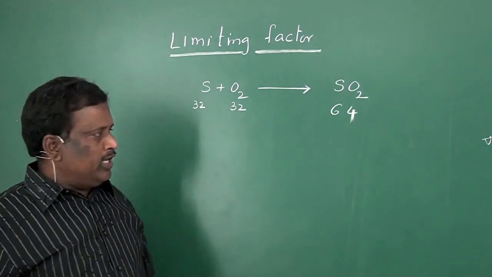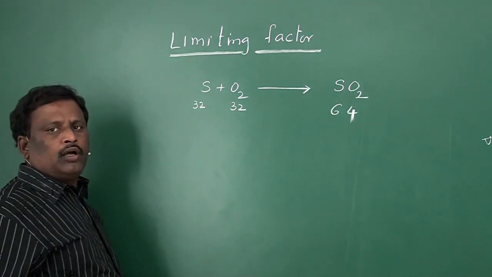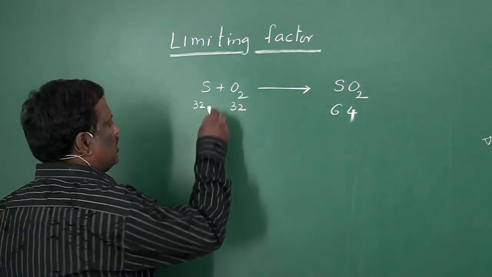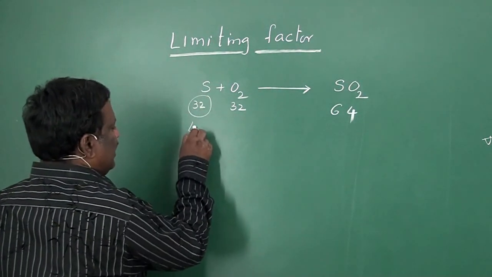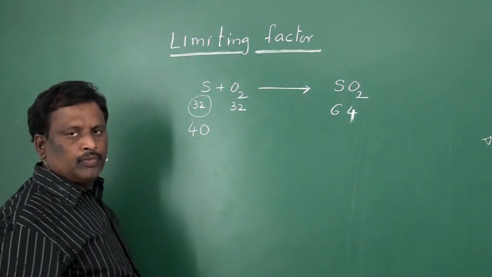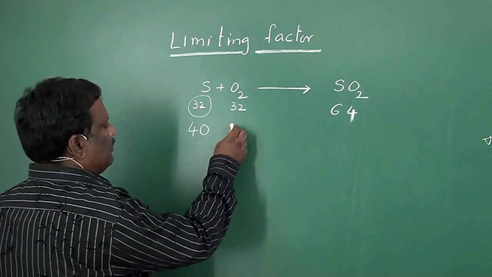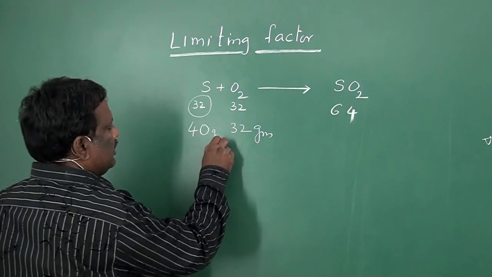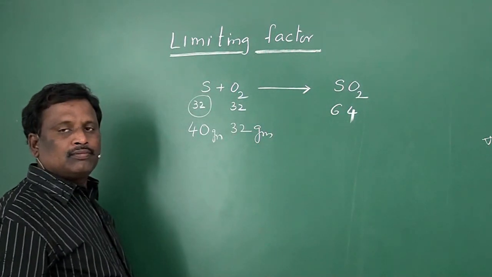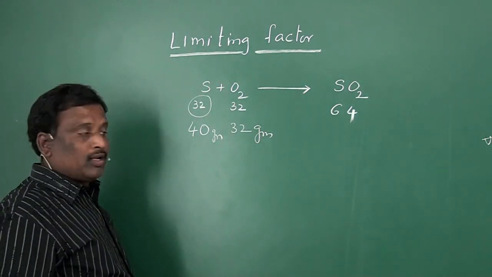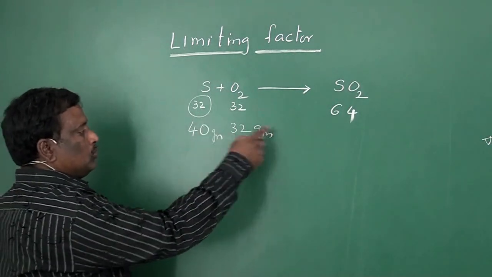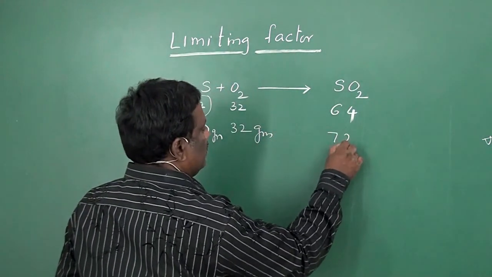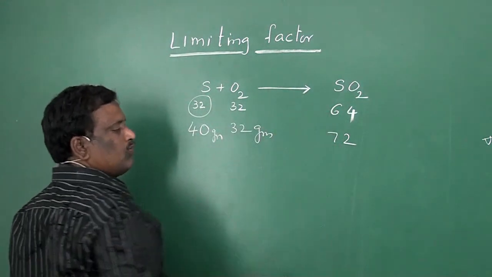For example, instead of 32 grams of sulfur, if you have taken 40 grams of sulfur and it was allowed to react in the presence of 32 grams of oxygen, then what happens? Does 40 plus 32 give 72, just like 32 plus 32 gives 64?